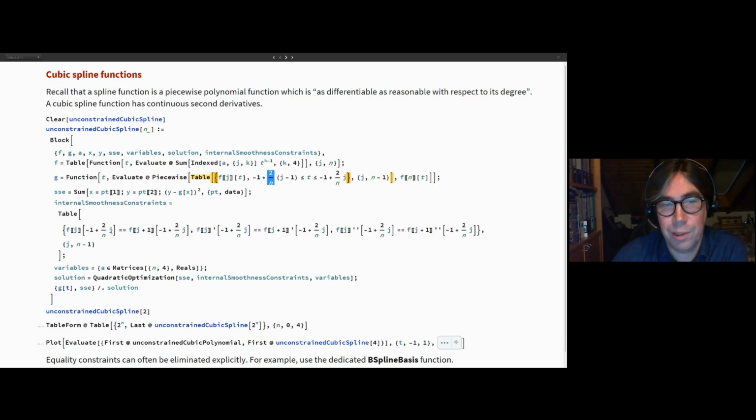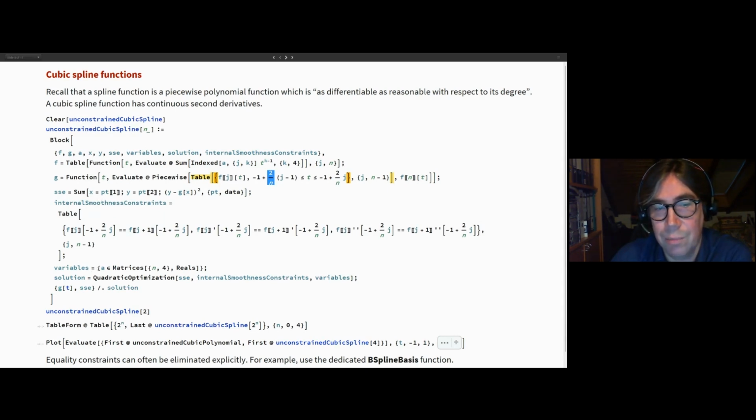And at all the boundary points, we want the left and right interval polynomial to be equal, and the first derivative of that polynomial, and the second derivative of that polynomial. These are the internal smoothness constraints.